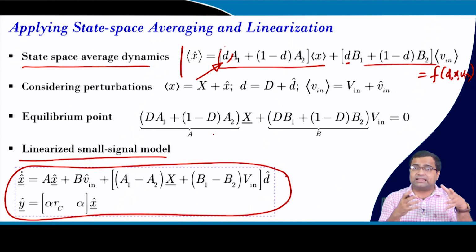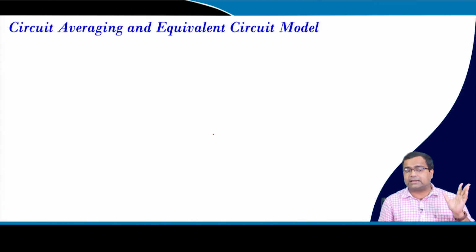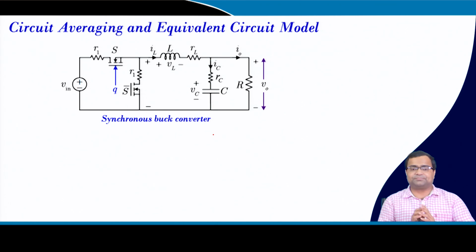It is a lengthy process, rewriting. So, you want a usable solution where we do not want to repeat this derivation process even if we add some component, and that is where circuit averaging comes into the picture.